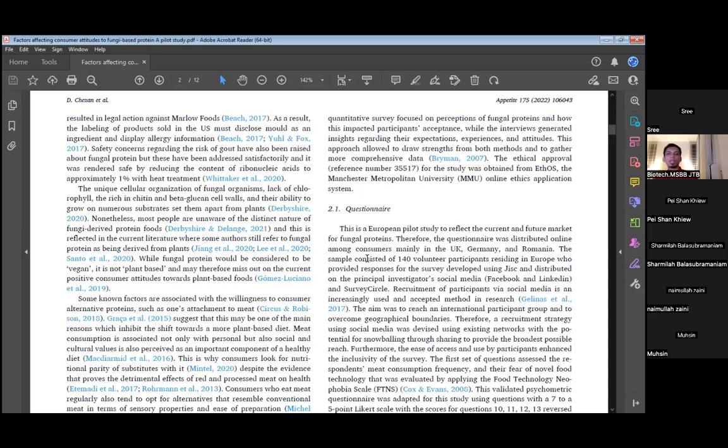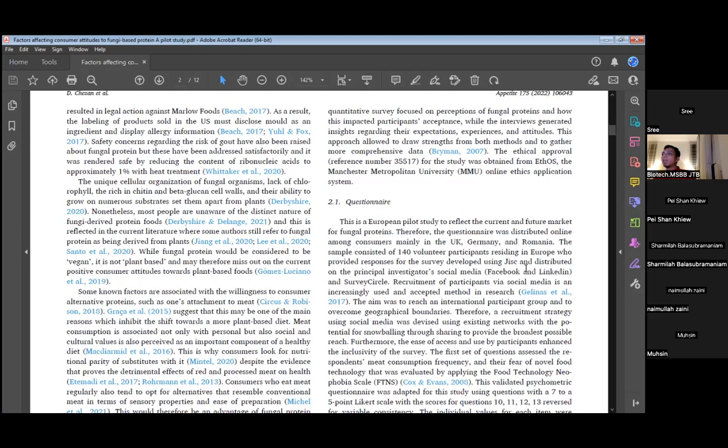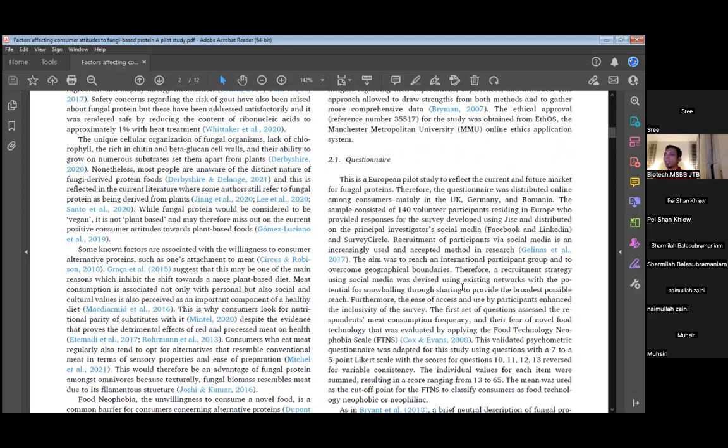Maybe after this they can conduct further studies to get more results and confirm the data. They made it for Europeans, getting data from the UK and Germany. The survey was developed using GIS and also distributed through social media, Facebook and LinkedIn, and also Survey Circle, and they also mention why they conducted it through social media. Okay.